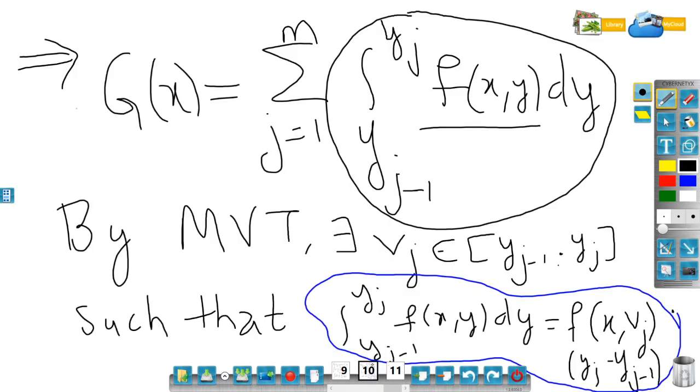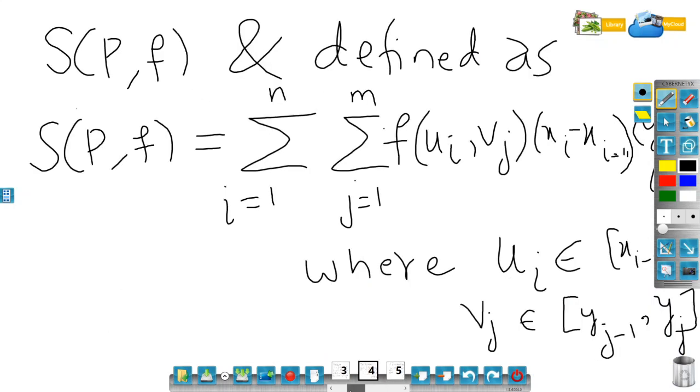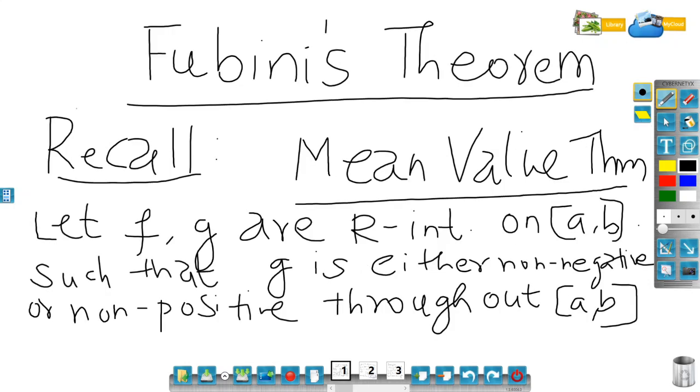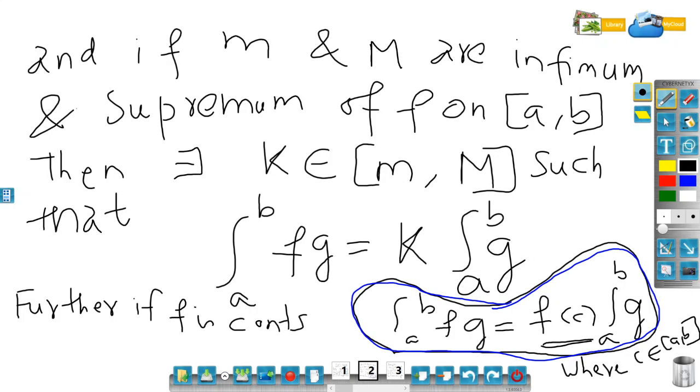If you want, you can check out the mean value theorem, which I have defined in the lecture itself. You can see that g is 1 and f at c, but since f is continuous, we say f at x comma vj over there.